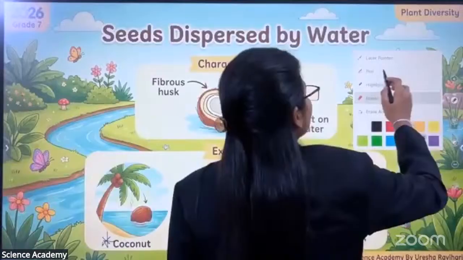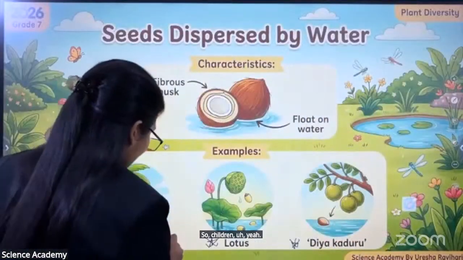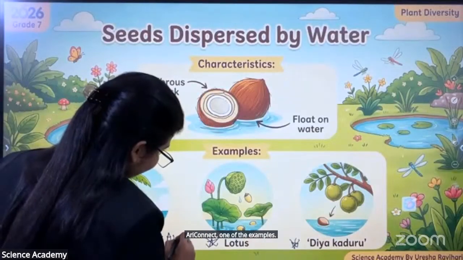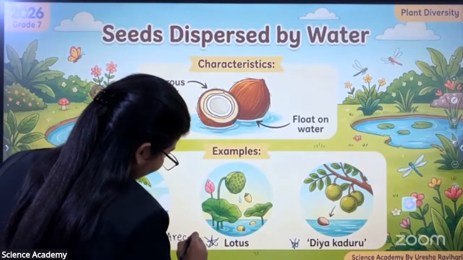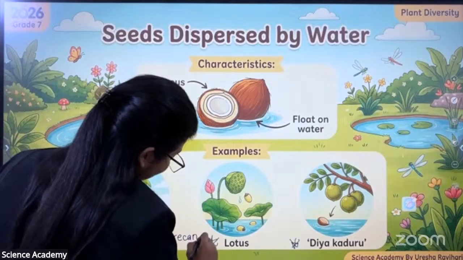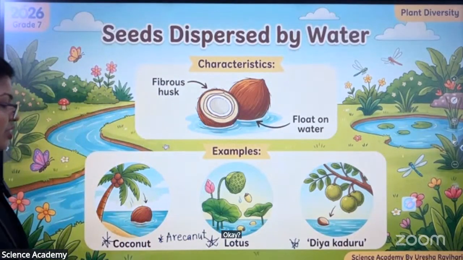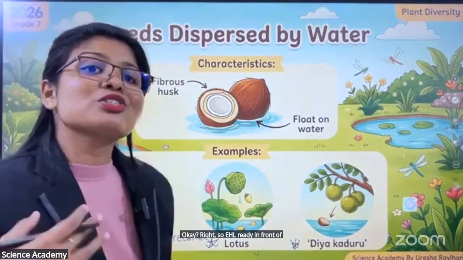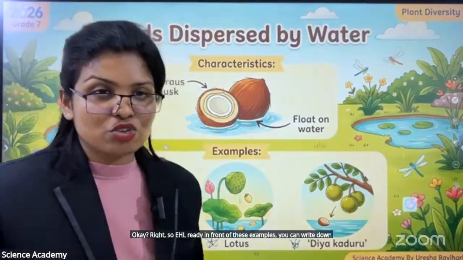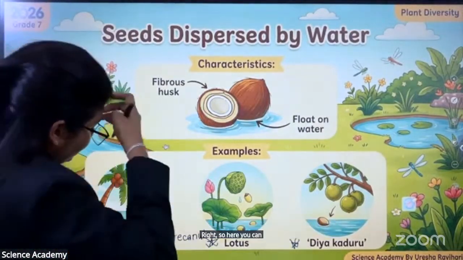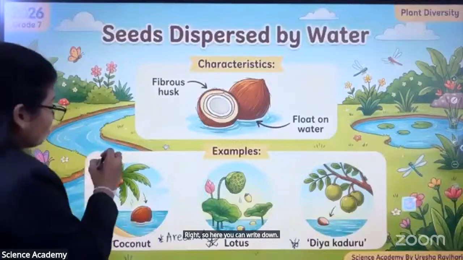Arecanut, one of the examples. Here children, in front of these examples, you can write down the adaptations of these seeds.